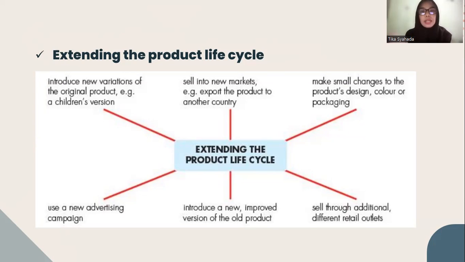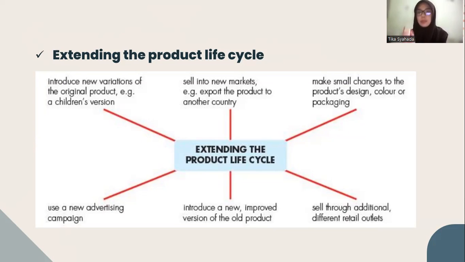And next, make small changes to the product's design, color, or packaging. Then sell through additional different retail outlets, use a new advertising campaign, and introduce new variations of the original product.